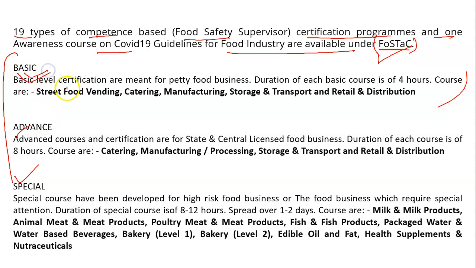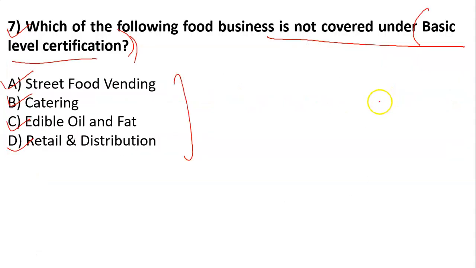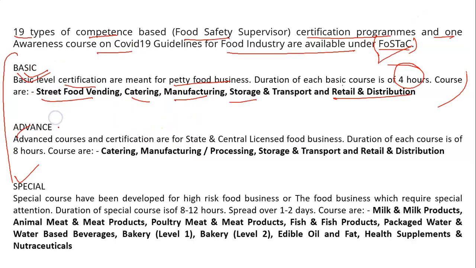Under basic, they give basic level certification for petty food businesses, a 4 hour course, and the courses are street food vending, catering, manufacturing, storage and transportation, and retail and distribution. So edible oil and fats are not covered under basic, and your answer will be C.